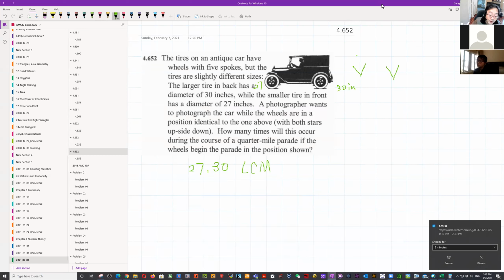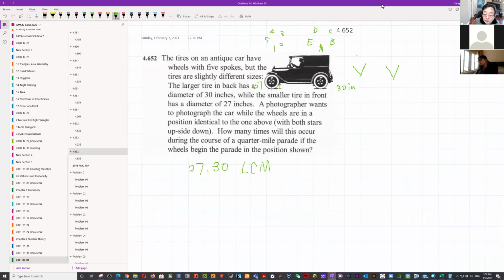First, we need to find the way to deal with this type of problem. The best approach is to first find the complete cycle. A complete cycle means everything returns to its own position. So here is 1, 2, 3, 4, and 5, and here is A, B, C, D, and E. Complete return to position means that on this side, A is returned to pointing down, and 1 is also returned to pointing down.